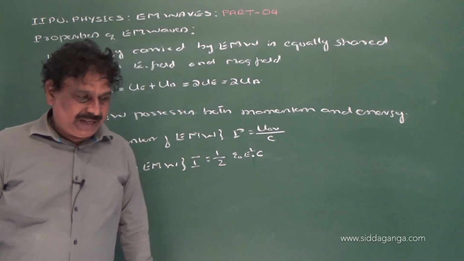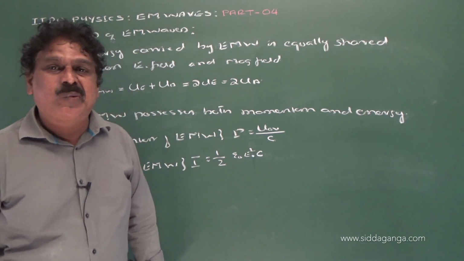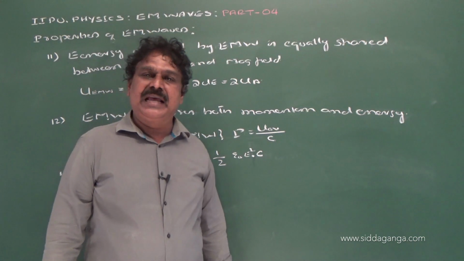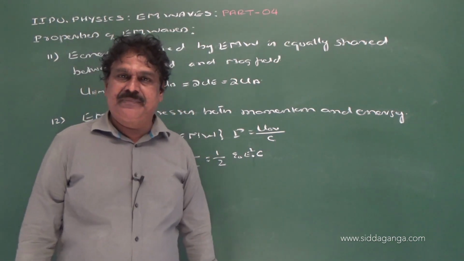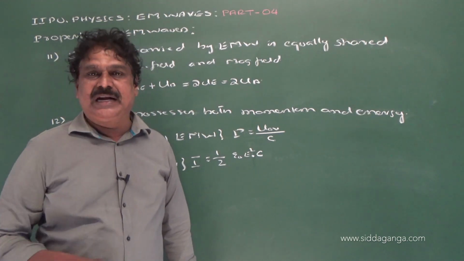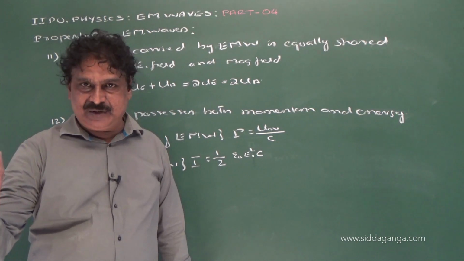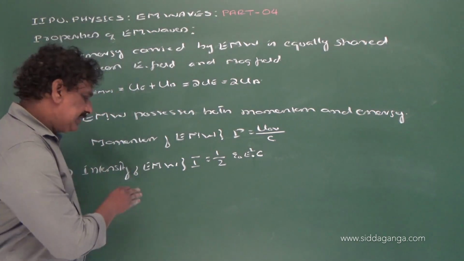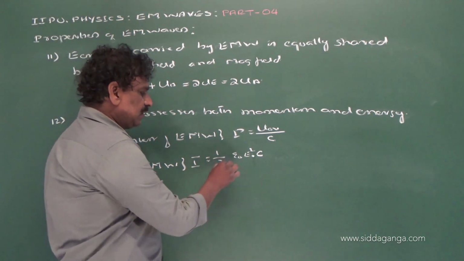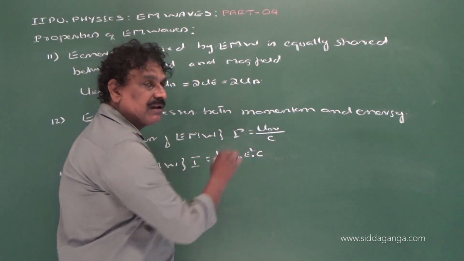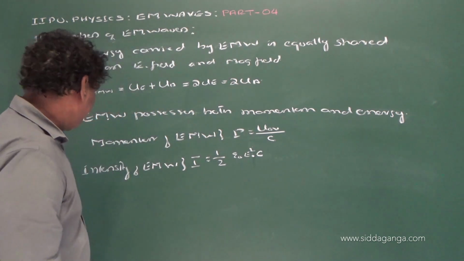Now, when it is transferring energy, the intensity of electromagnetic wave at any point is the average energy transmitted per second per unit area at that point. Now, the intensity of electromagnetic wave is given by I is equal to half epsilon naught E naught square C, where C is the speed of light in vacuum.